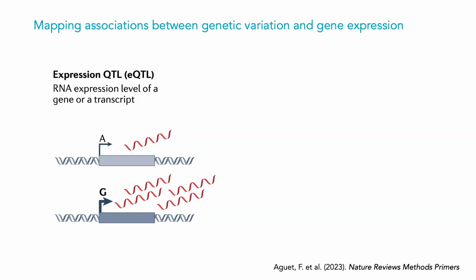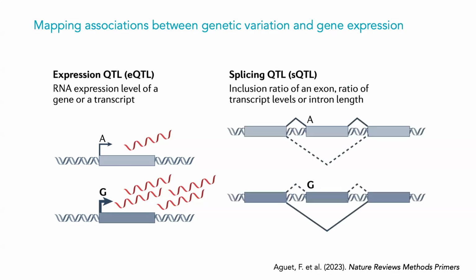That's to limit the multiple testing burden, essentially. But we're looking for these cis expression quantitative trait loci, so genetic variants that are associated with the amount of expression of a given gene. And so in this example, the G allele of this SNP is associated with higher expression of this theoretical gene.